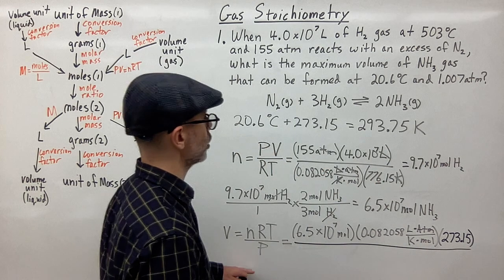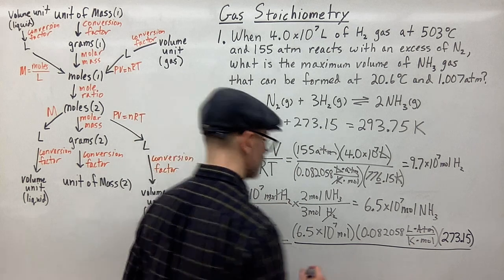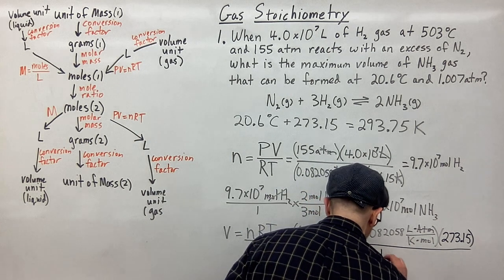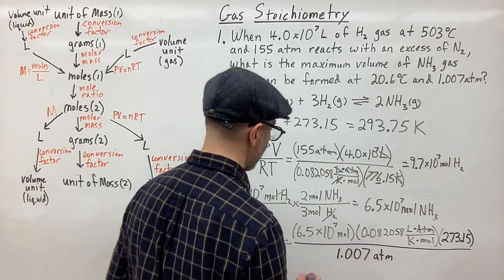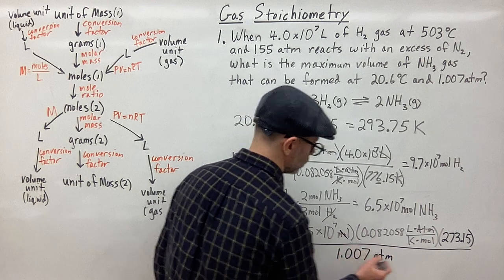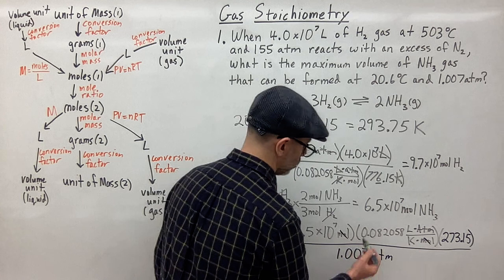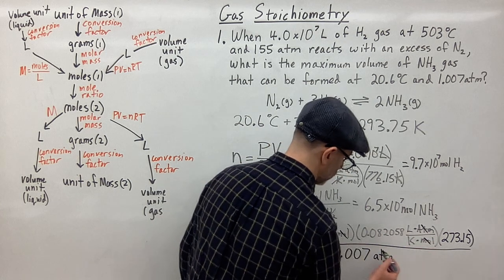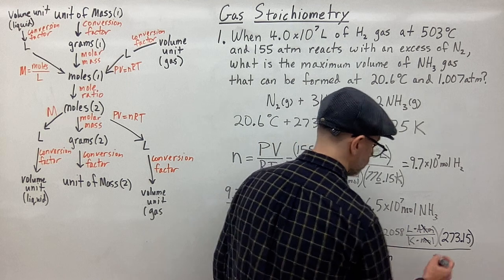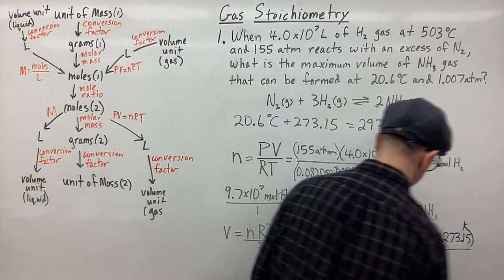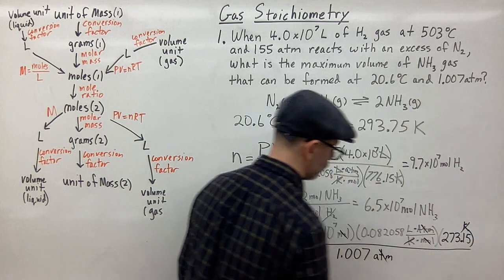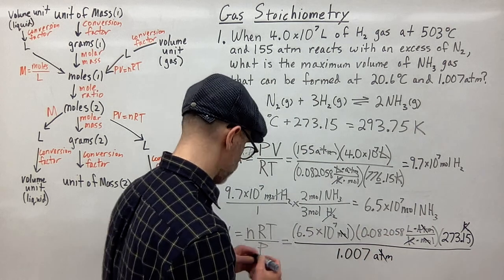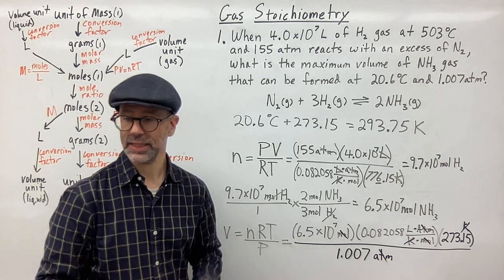So the pressure is 1.007 atmospheres. And so we can look, moles are going to cancel out. Look at the units. Atmospheres will cancel out. And then Kelvin is here, Kelvin's going to cancel out with Kelvin. And then that's it. We got liters left. So we do our calculation and we get liters.